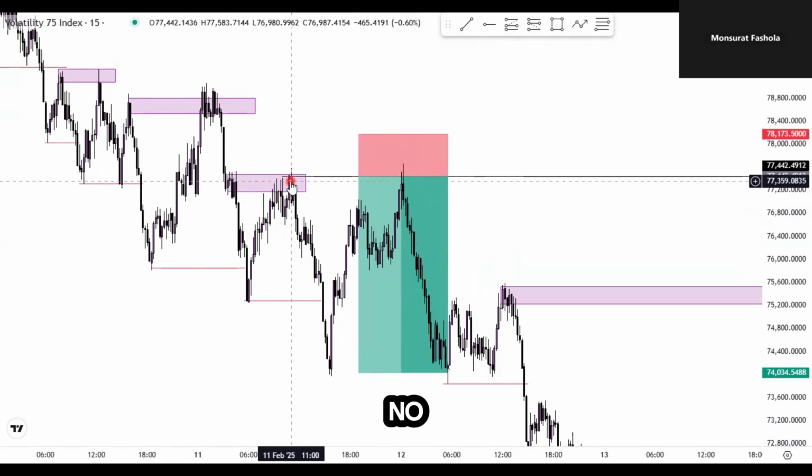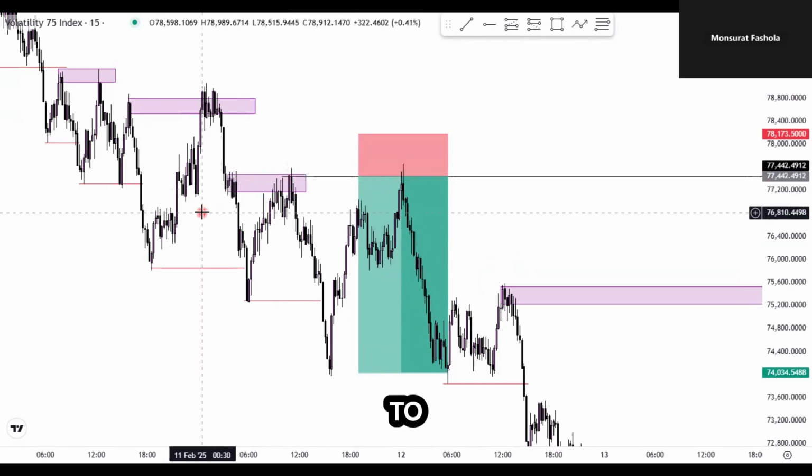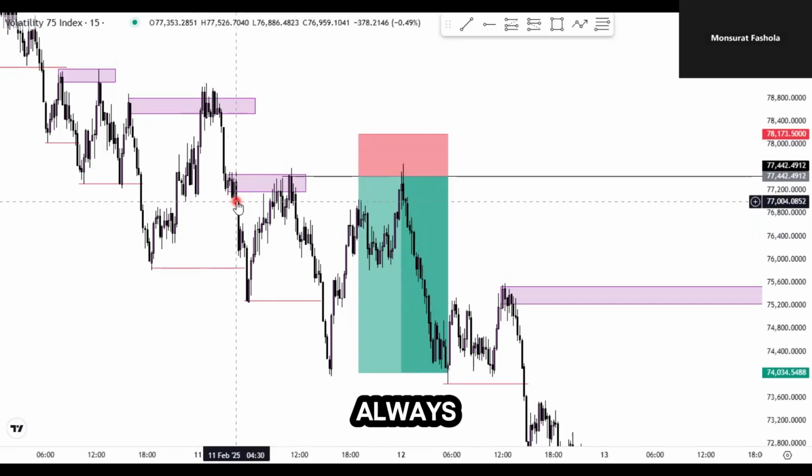So I went on to try. I said, no, how did he get this particular level? Maybe it's another order block, or I don't know what. So I said I was going to ask you how you always get it at that point, and you always react to it. I've studied all your charts for a very long time. It always reacts to it.